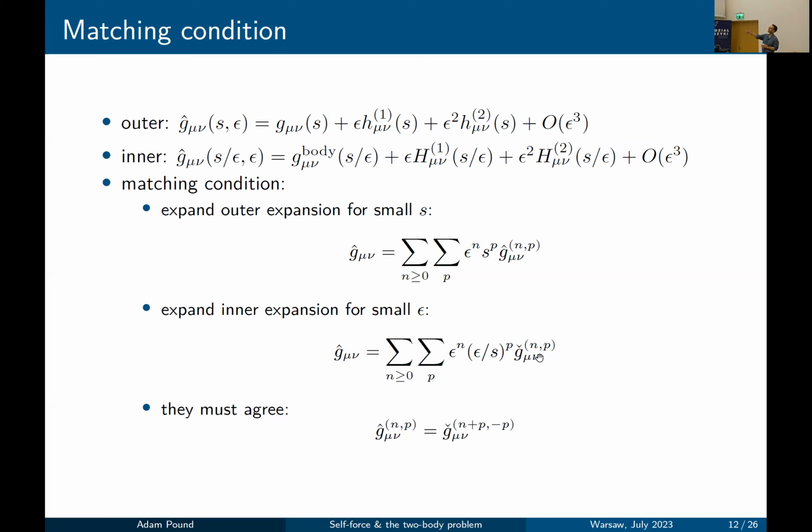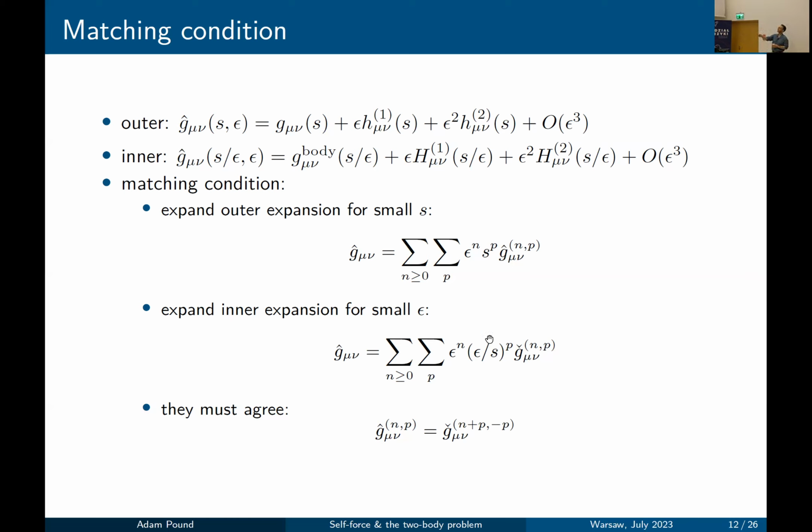That means we're going to get combinations of epsilon over s to some power. And we're taking s now to be large compared to epsilon. So distance is large compared to the mass. That's what's happening when we're taking this series and expanding in powers of epsilon at fixed s.